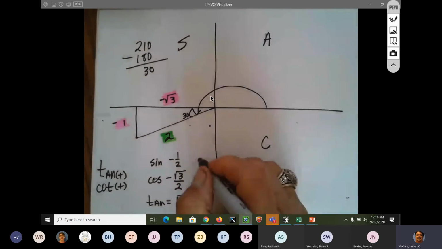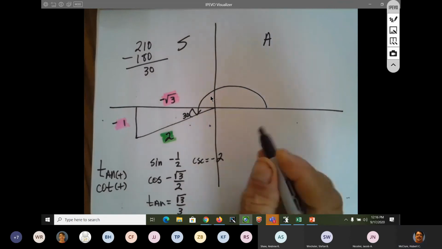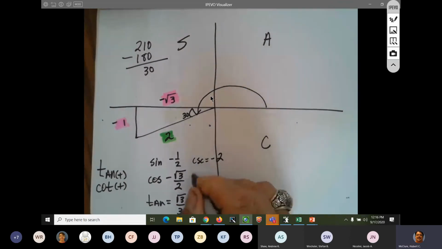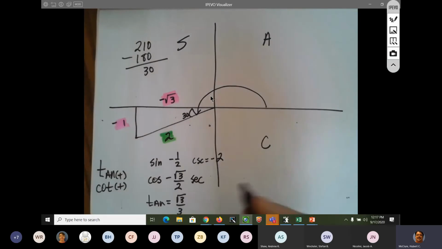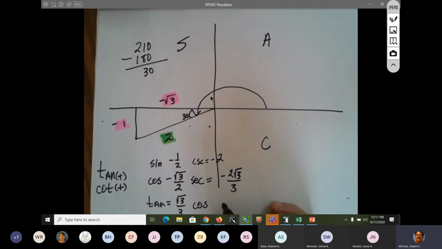The cosecant is going to be negative 2. The secant, I'm not used to doing them across from each other. The secant would be negative 2 square root of 3 over 3. And the cotangent would be 3 square root of 3 over 3, which is square root of 3.